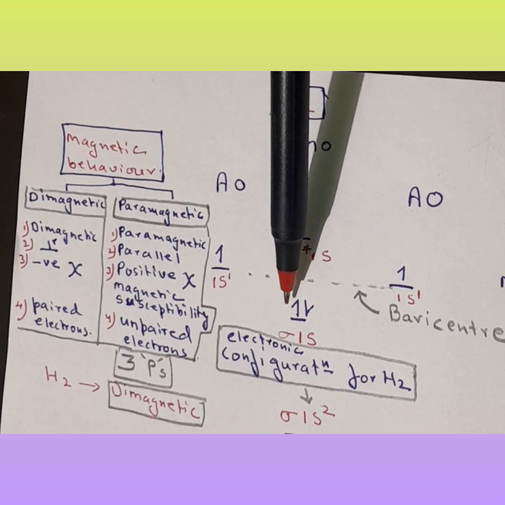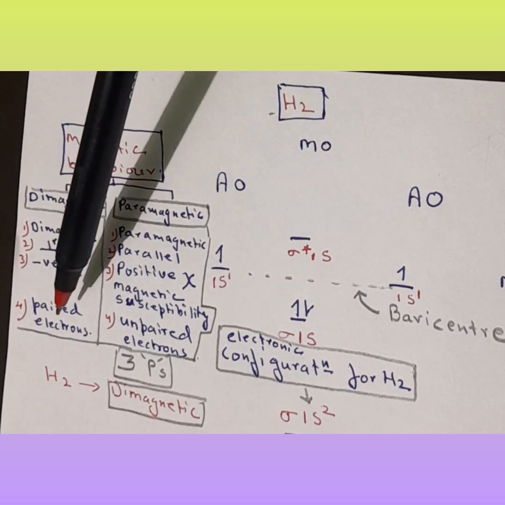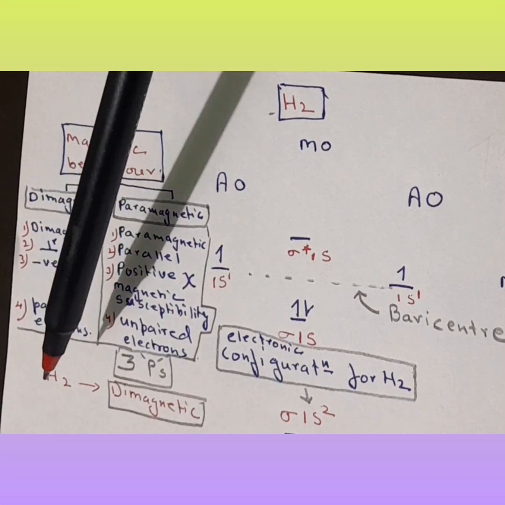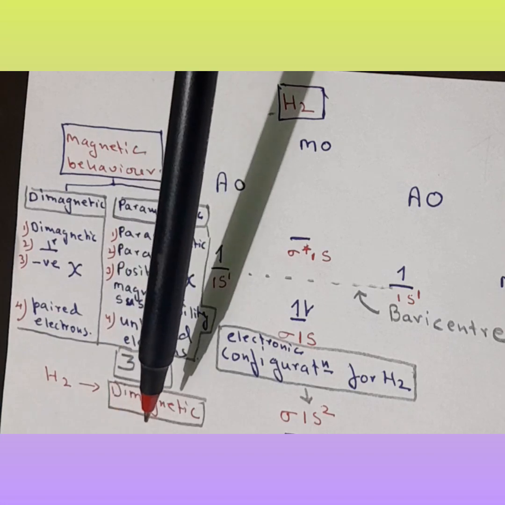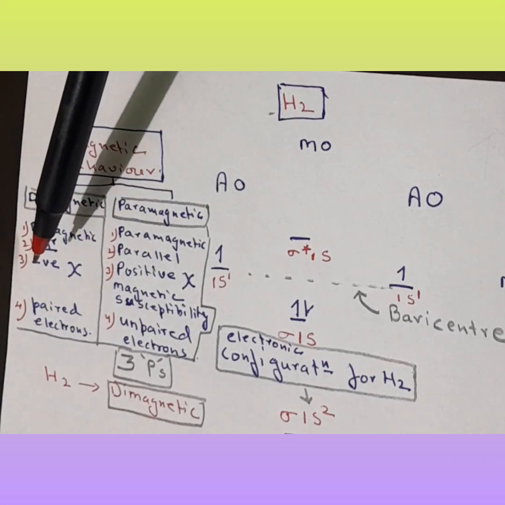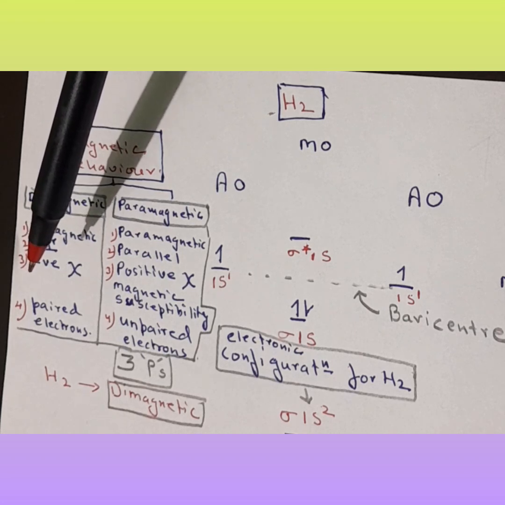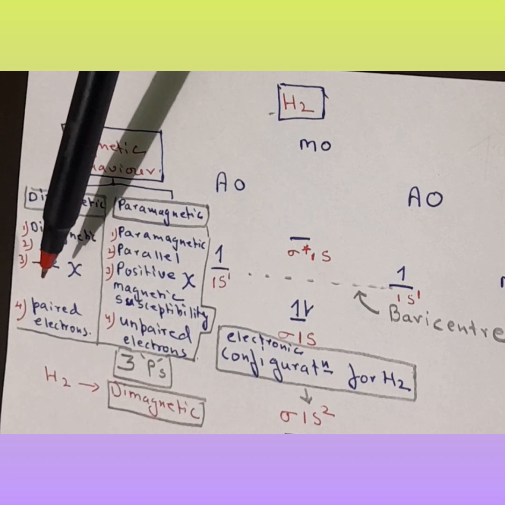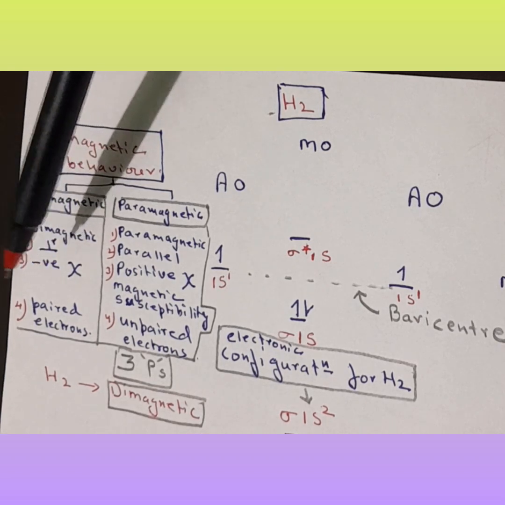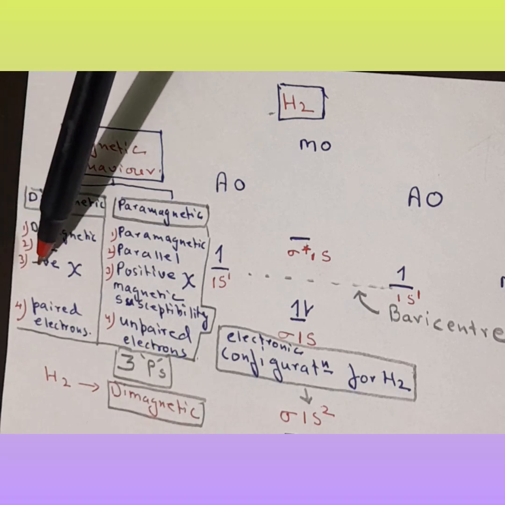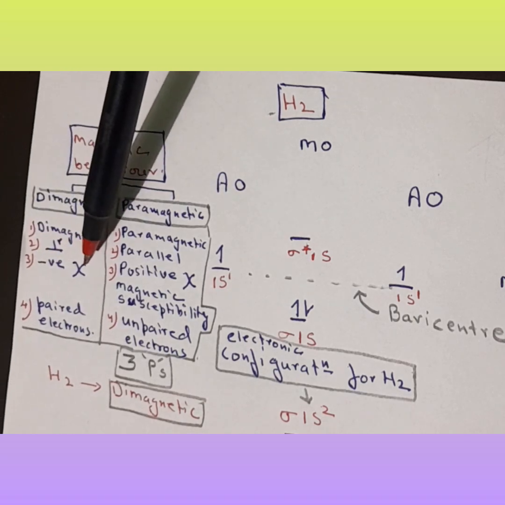Since it has paired electrons, it falls into this category. So hydrogen would be diamagnetic, and it would align itself perpendicular to the magnetic field. If I take hydrogen gas in a vial and place it in a magnetic field, the vial would align itself perpendicular to the magnetic field. It would have small negative magnetic susceptibility.